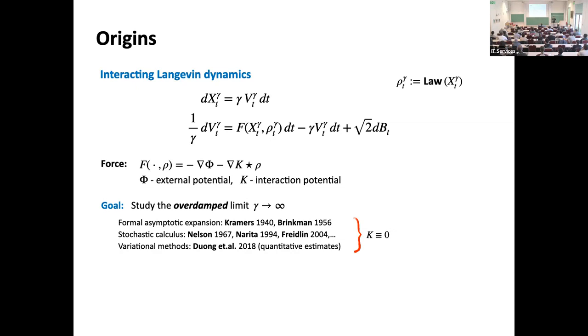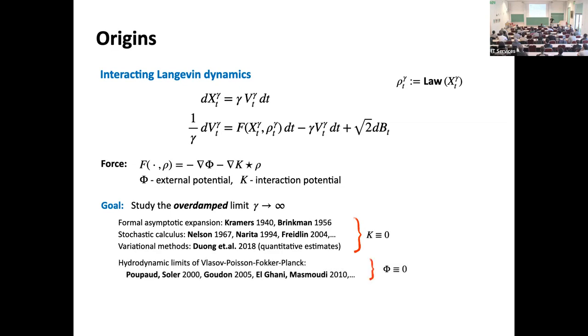The method they used was entropy dissipation type methods that they inherit from the large deviation principle. And they had to use some kind of log Sobolev inequality to close the system. For that, they needed some convexity property on the level of the confining potential. Okay, and these were all done without interaction potential.